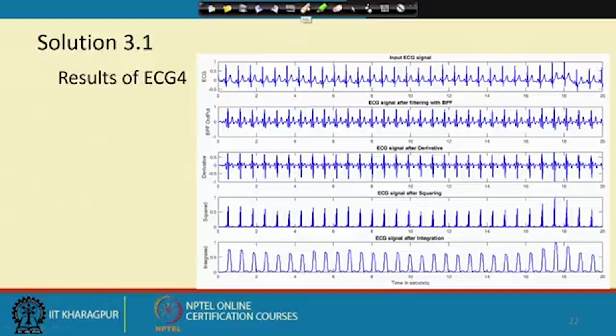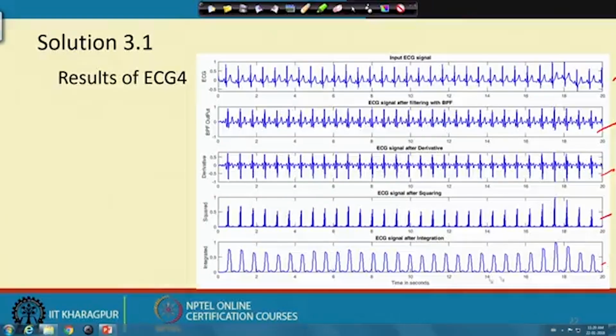Next we go for ECG 4. We show the same set of plots, starting with the signal, then the band pass filter output, then the output of the derivative filter, then the output after the squaring operation, then after the integration.